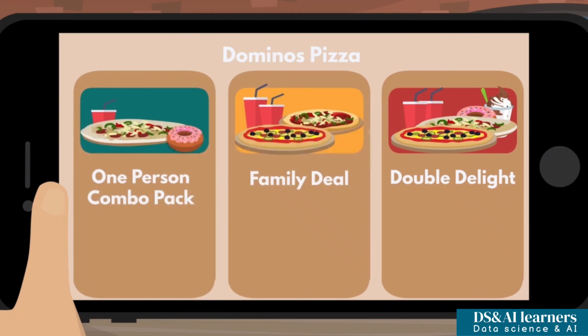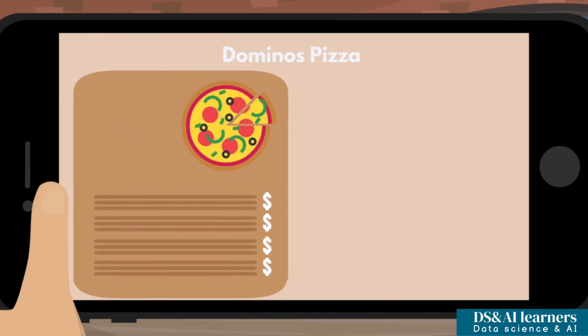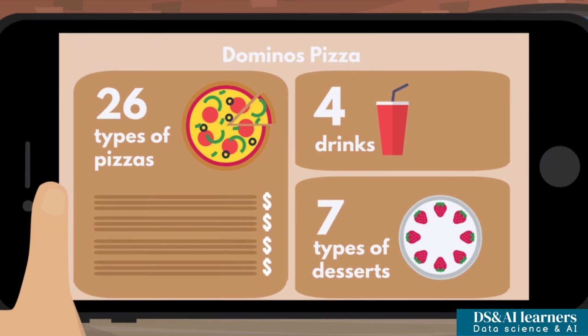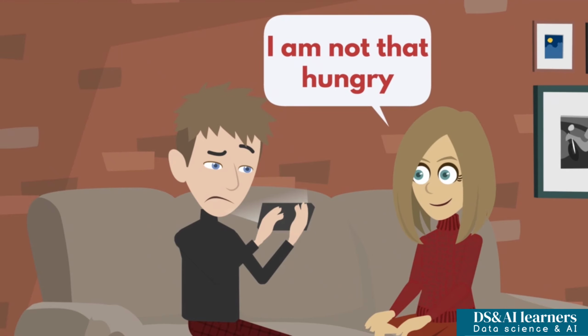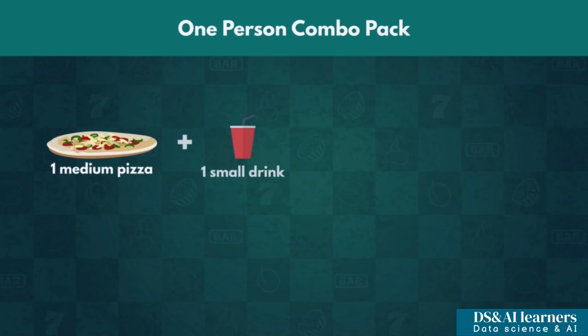Before picking a specific deal, you pull up the menu to explore the options. You see they offer a variety of 26 different pizzas, 4 distinct drinks, as well as 7 types of desserts. Initially, Amy says she isn't that hungry, so you look at the one-person combo pack. Now, to construct such a menu, you need to combine 3 elements: a pizza, a small drink, and a dessert.